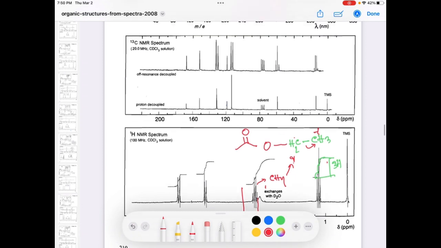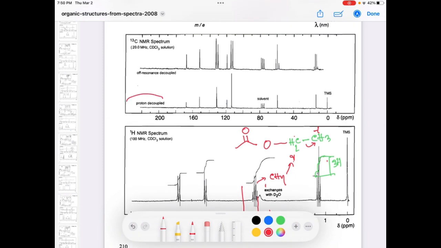Let's see the carbon NMR. This is proton decoupled and off-resonance decoupled. Since this carbon is giving you a quartet, that means a carbon having 3 protons attached to it, 3 plus 1, so it is a methyl carbon.